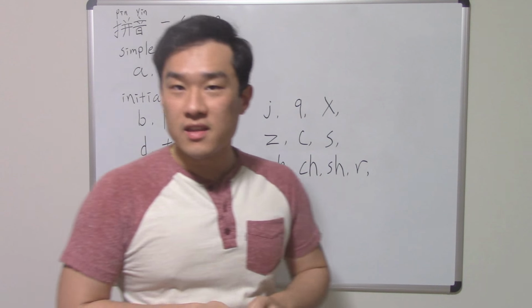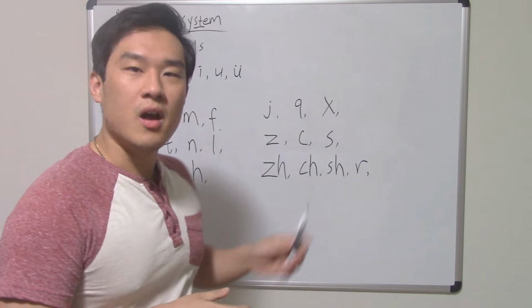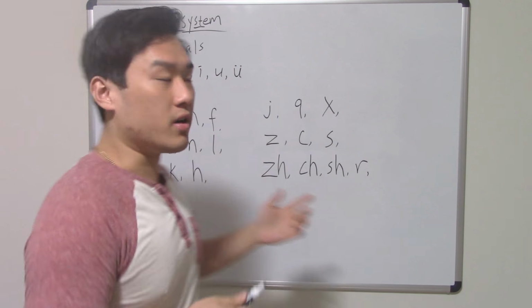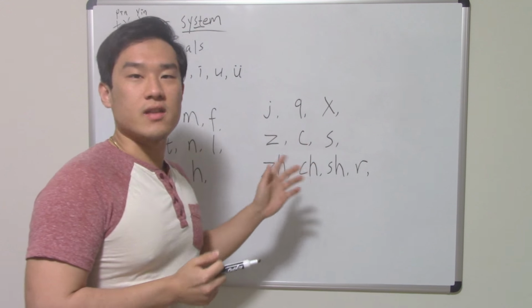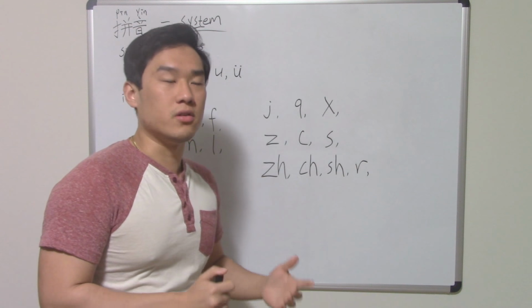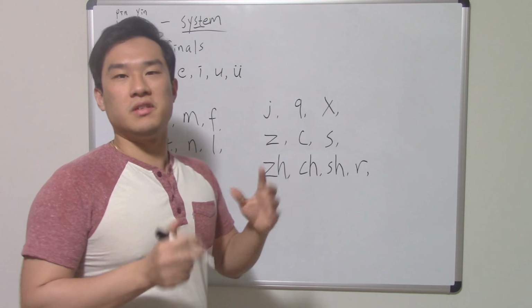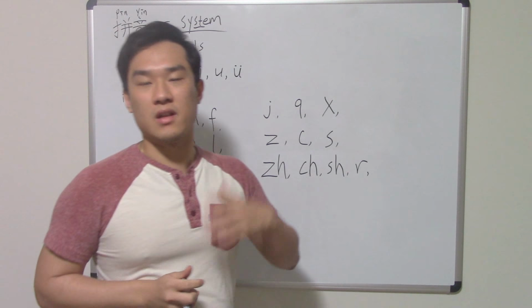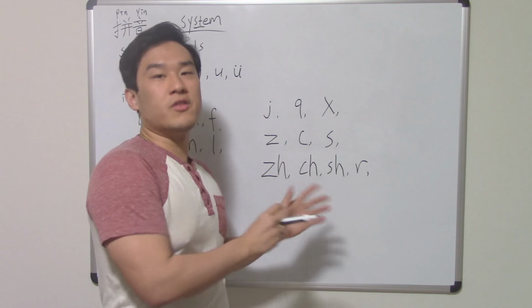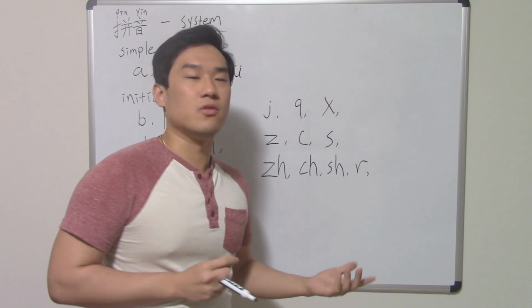My name is Mike Lin, and in this lesson, I'm going to introduce you to pinyin in Chinese, which is the most fundamental system in Chinese. Learning pinyin basically helps you pronounce the word.